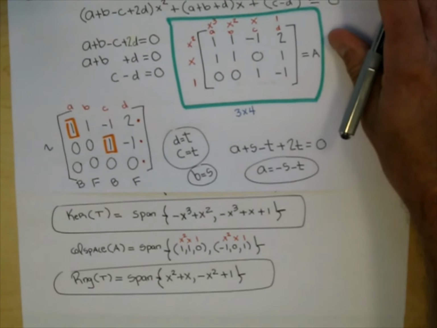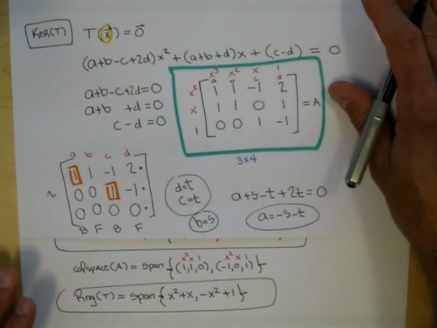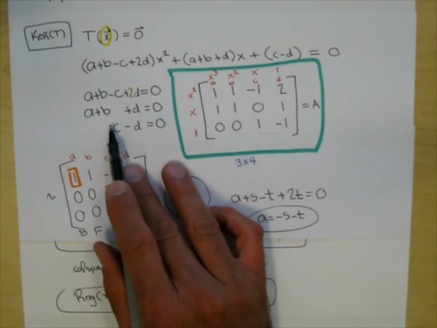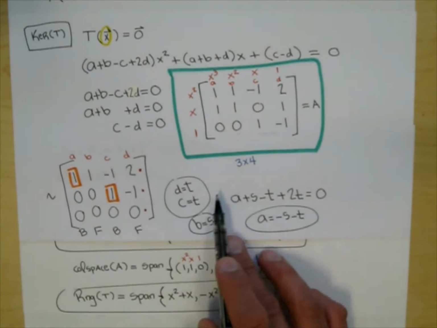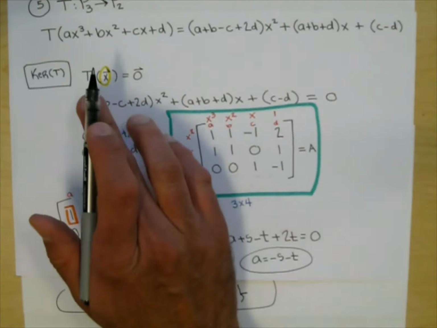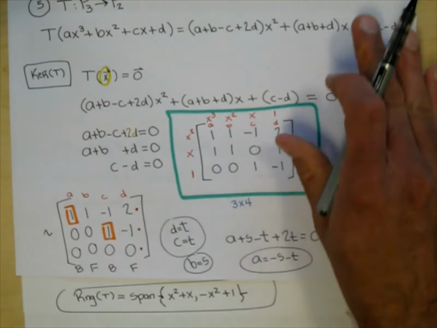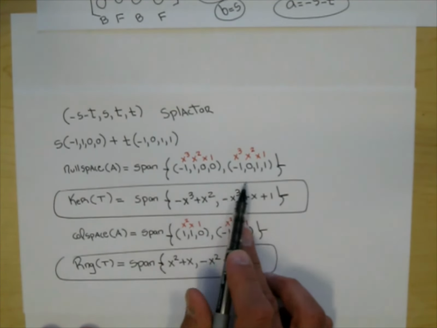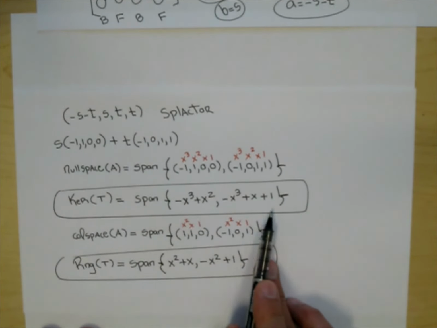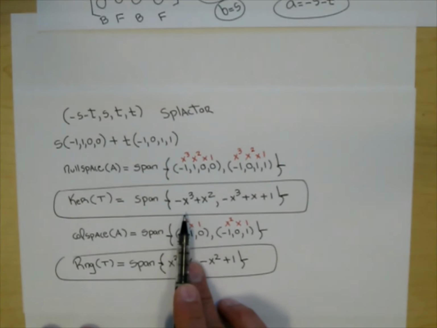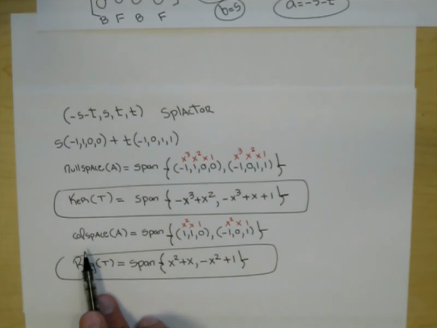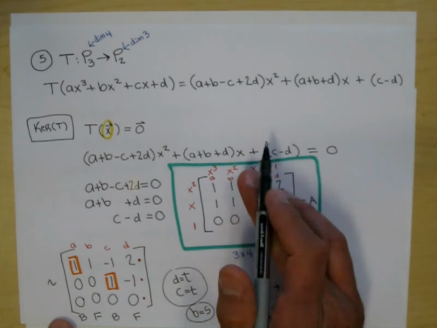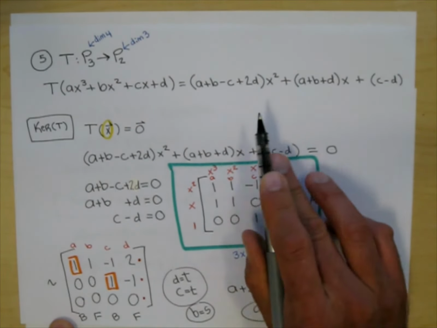Now I'd like to make this connection because I think it's great. The book doesn't really want to make the connection. Sometimes they'll just say solve for A, B, C, and D when you're finding the kernel, and then try to piece it together and look up here and see what the kernel is. But I like this connection because I can write down the null space and it gives me a really good roadmap to writing out the kernel. And I can find the column space and it gives me a really good map. Now for the range, your book is going to say you write this out and then use a spanning set.